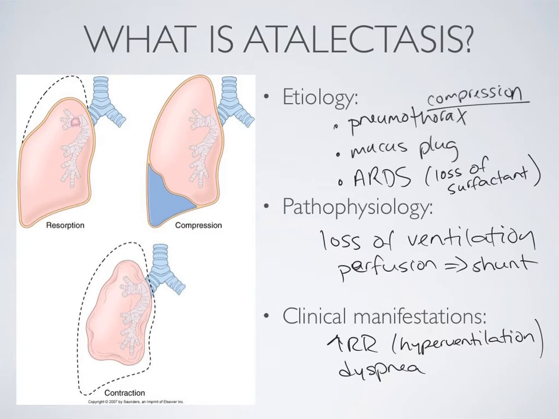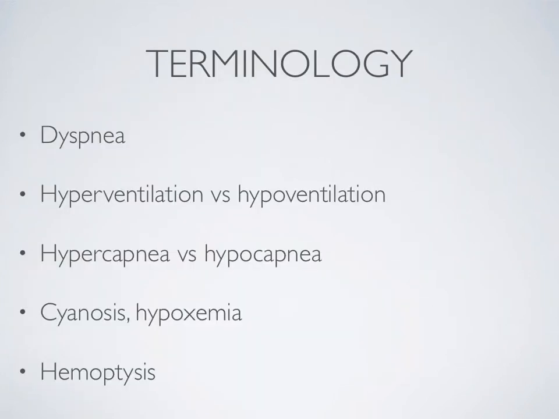You're not able to get enough oxygen in, and you're not able to get enough carbon dioxide out. So I think that is what we mean here by hypercapnia. So not enough CO2. You can't breathe out enough CO2.